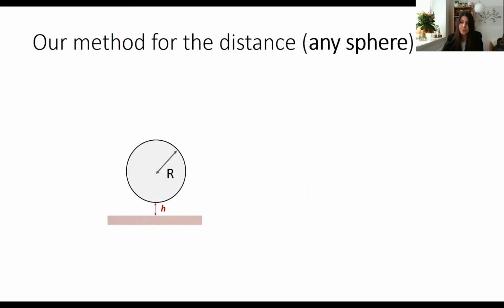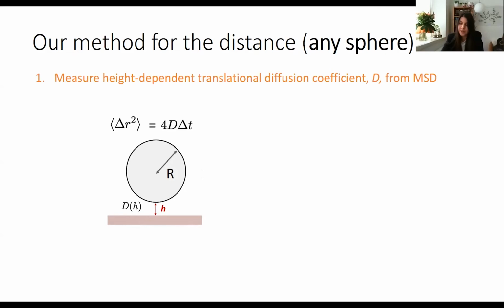However, I just want to note that we have been working, as I said, with particles that are equipped with a metal on one side, and this metal makes it hard for us to use the methods I mentioned before. So what we wanted in this work was to find a method that is quite general, so that we could use it for any sphere, even ones with a platinum coating, and also quite simple.